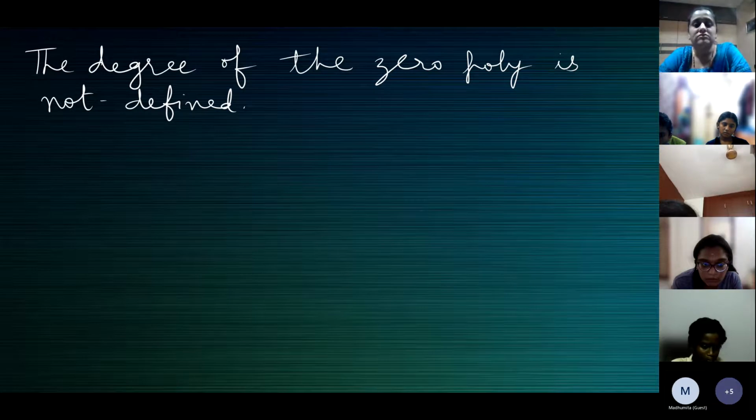Now, everything is important, but this is even more important. The zeros of a polynomial, roots of an equation, but mostly the terms zero and roots are used interchangeably. When we say zero, zero is used with respect to a polynomial. The term root or roots is used with respect to an equation.